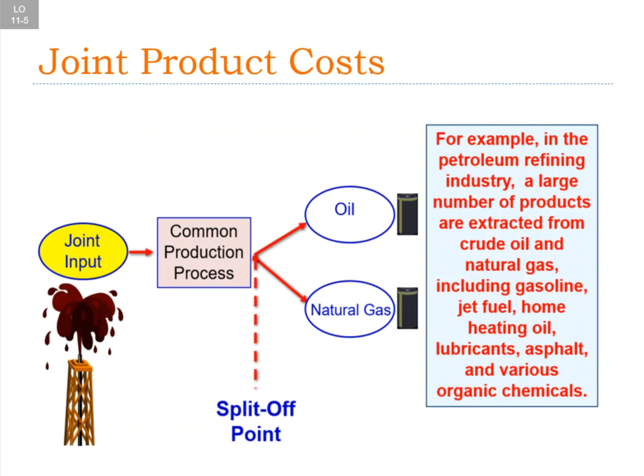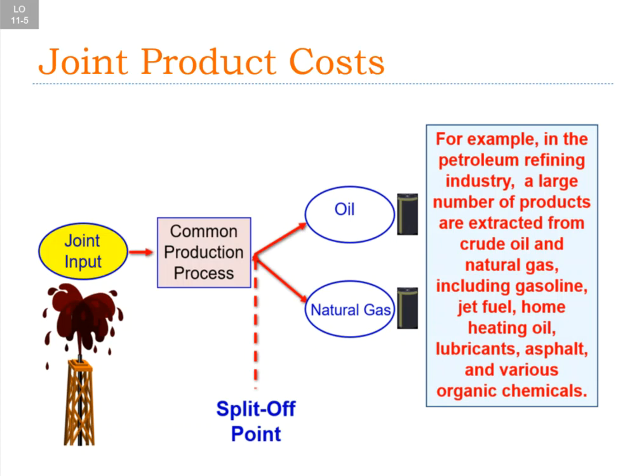For example, in the oil and gas industry, there's a common production process that incurs joint product costs. These costs would be the cost of exploration, the cost of drilling, the cost of obtaining land rights. And out of this joint production process, two products emerge, both oil and natural gas.